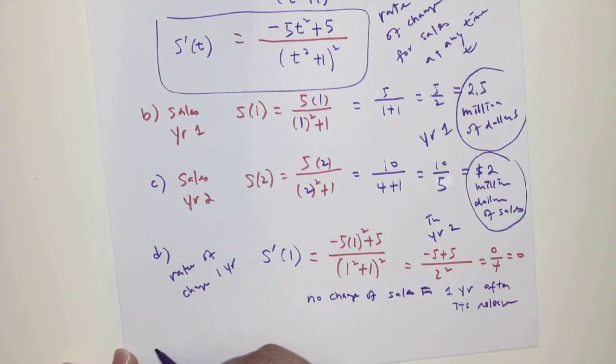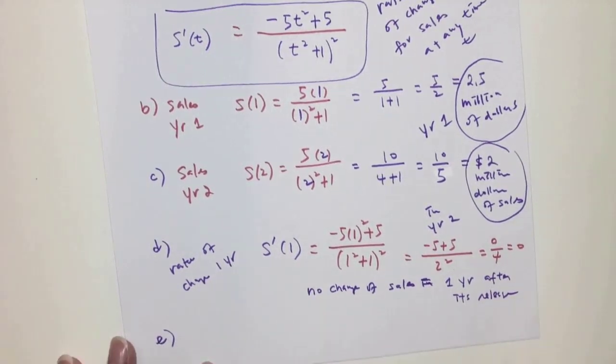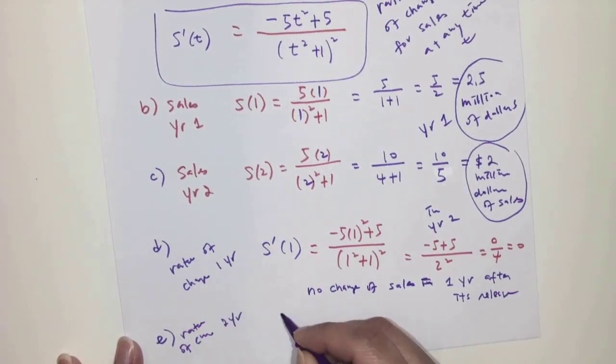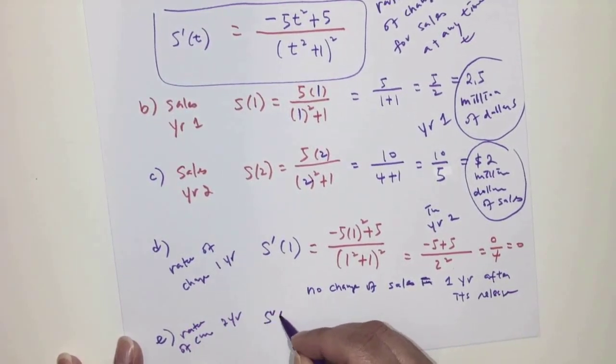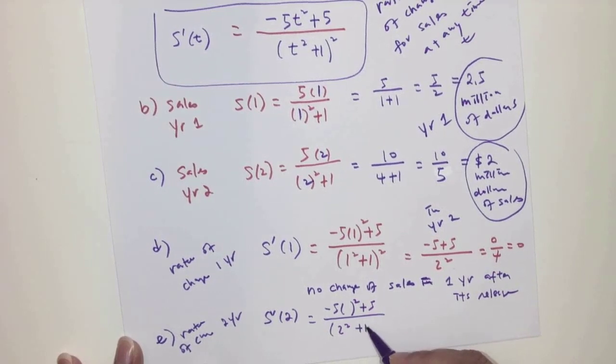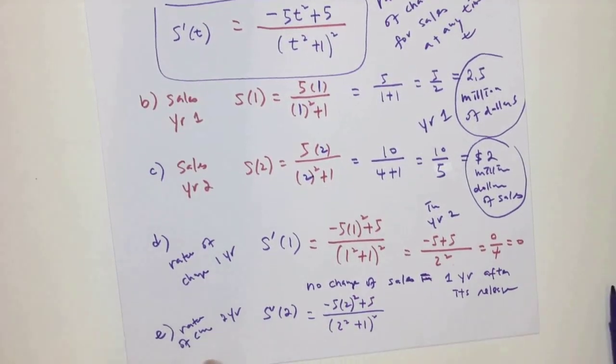The last part is E. For E, they want to know how fast the sales are changing 2 years after it's released. So again, it's rate of change. And 2 years, so we need to use the S prime formula, plug in 2. We got negative 5, plug in 2 squared, plus the 5, over 2 squared plus 1, squared. So plug in 2 there.